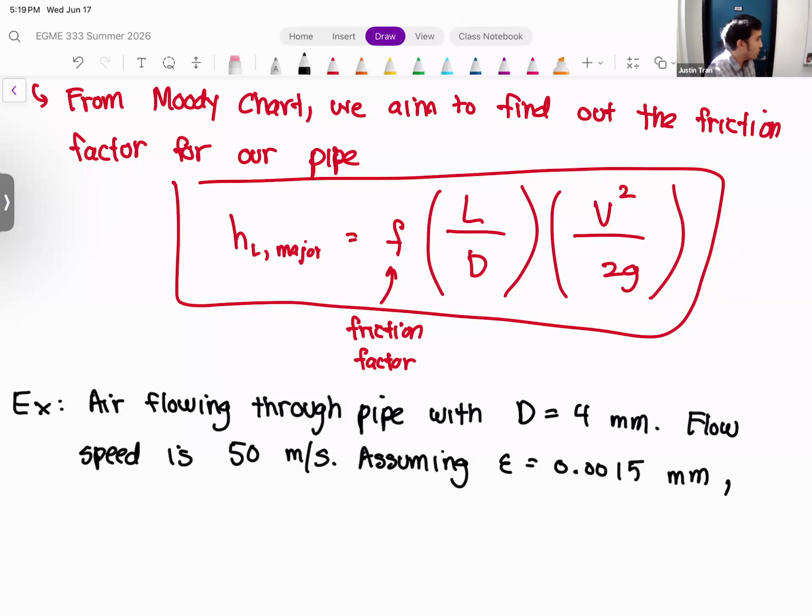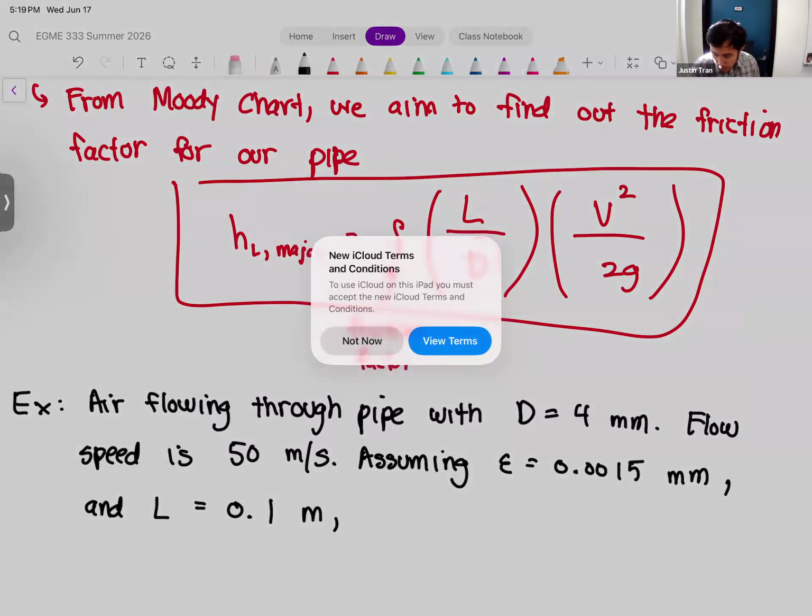And let's say we are considering a section of pipe that only has a length of 10 centimeters, in other words, 0.1 meters. So assuming all those things, let's compute the pressure drop in this pipe, assuming the flow is turbulent.